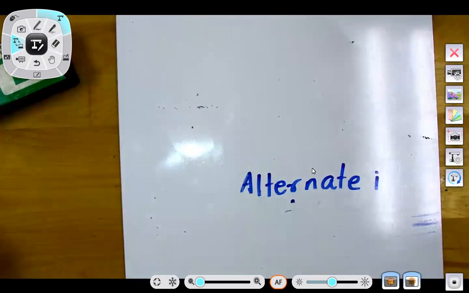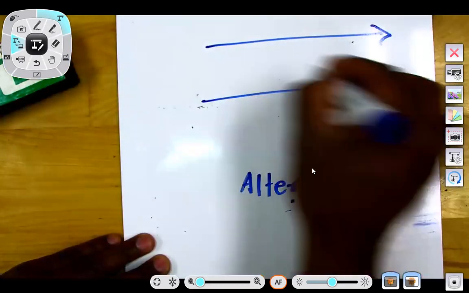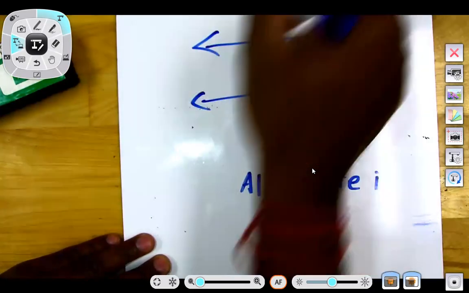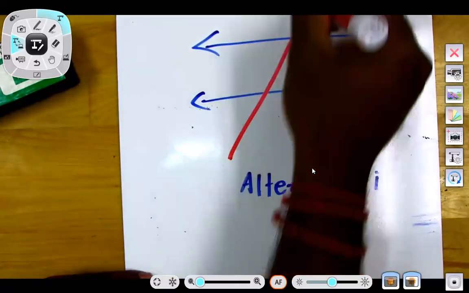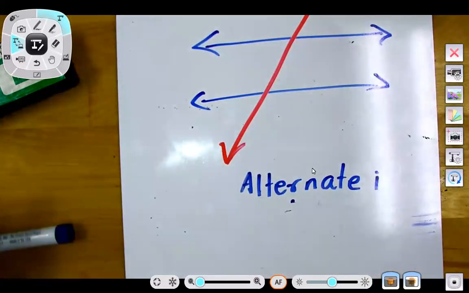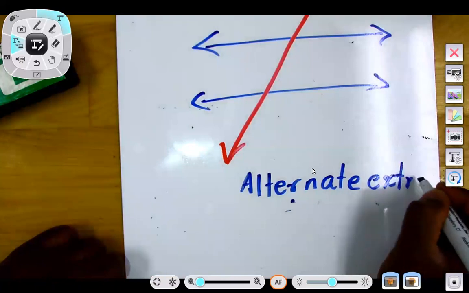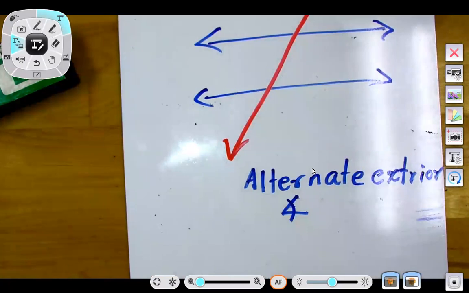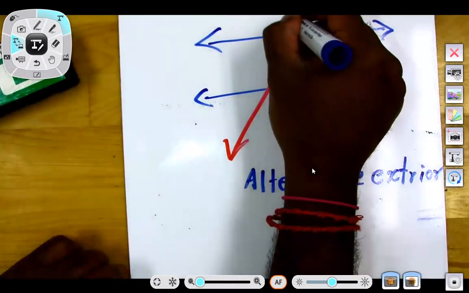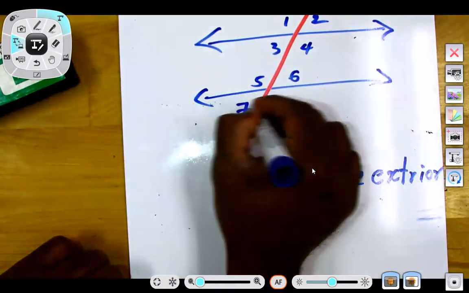If you have 2 lines, and there's a transversal, there's another pair which is called alternate exterior angles. Okay. So let's say angle 1, 2, 3, 4, 5, 6, 7, 8.